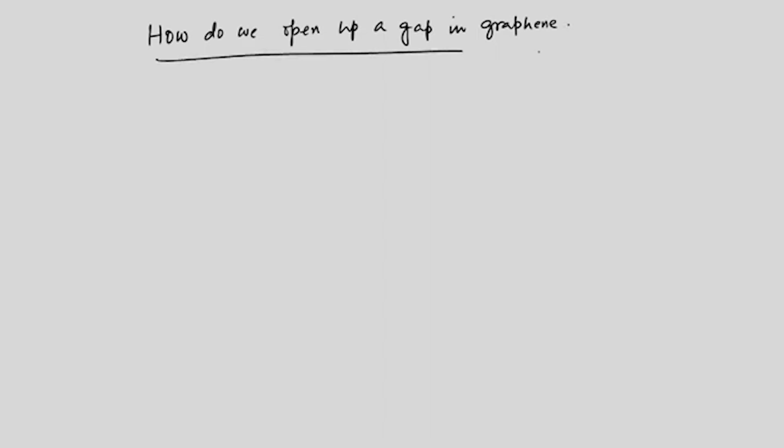Let me put a title here. So, how do we open up a gap in graphene? Okay. So, let us talk about the hexagonal boron nitride.